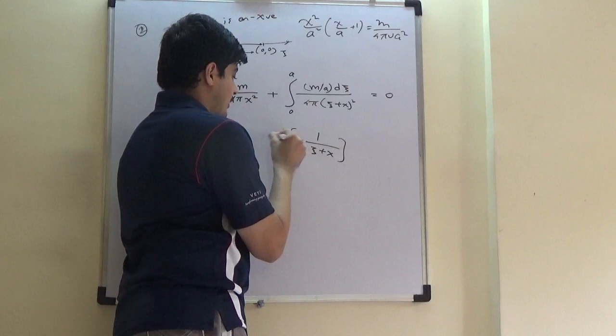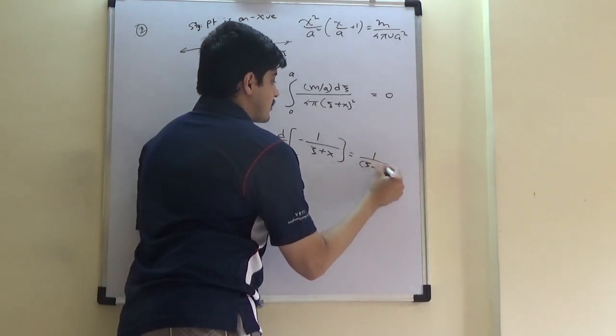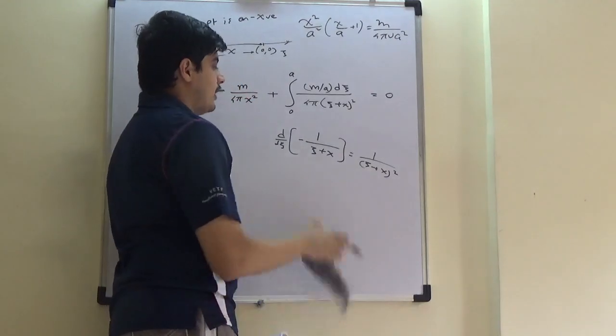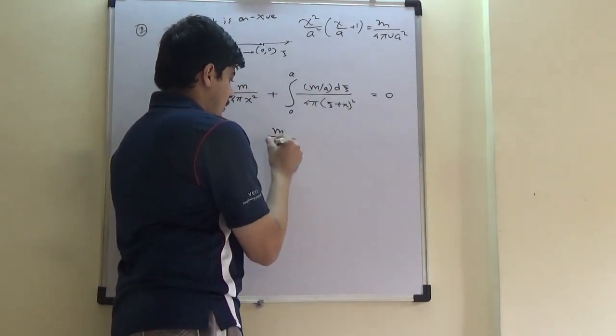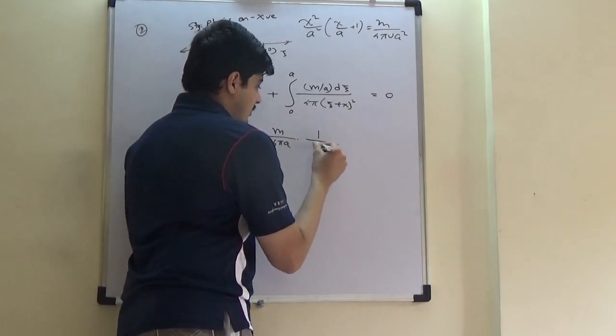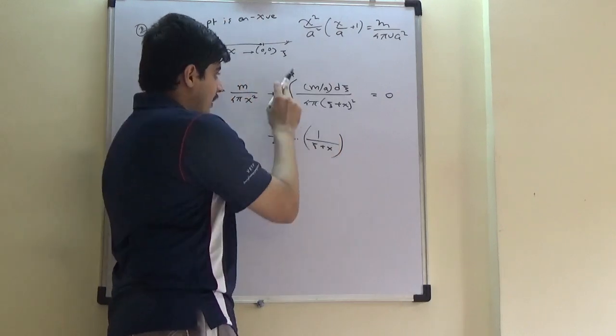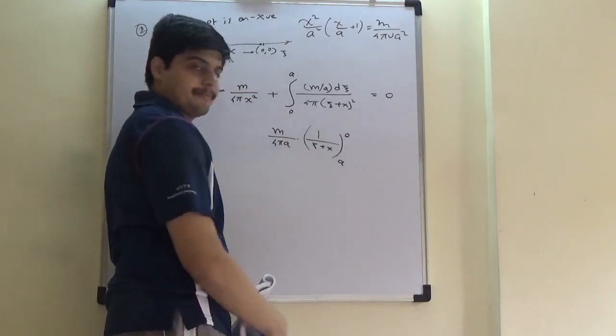What is d by d zeta of this? 1 upon zeta plus x whole square. Which means the integral of this quantity would be m upon 4 pi a, 1 upon zeta plus x. The negative sign I am omitting by putting a here and 0 here.